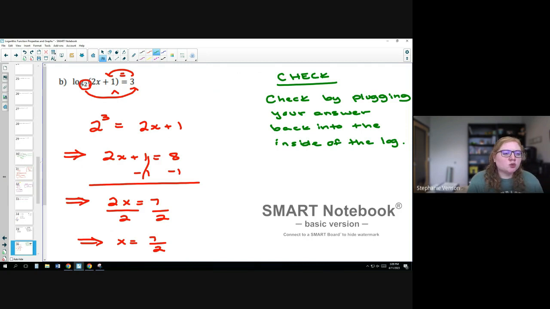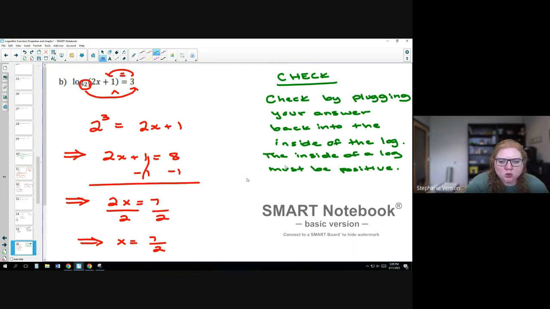Okay, and the rule is that the inside of the log always has to be positive. So the inside of a log must be positive.